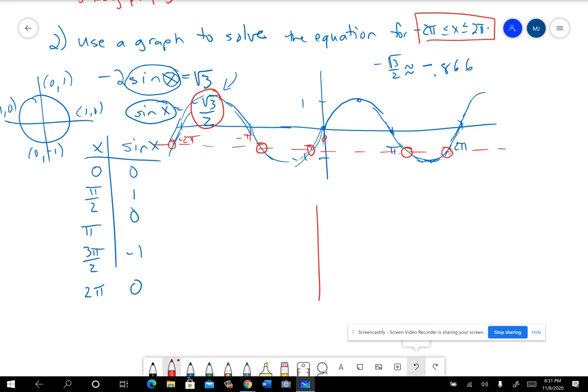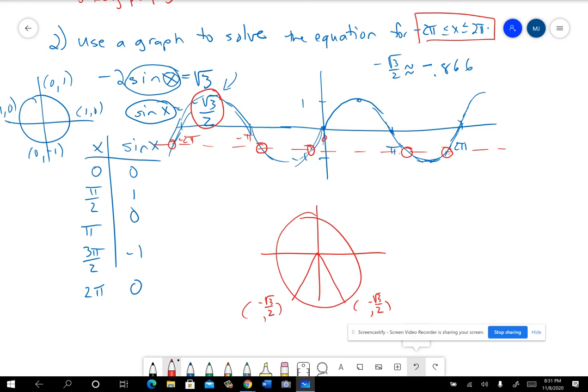And then you can reason it out thinking about that unit circle. So go to your unit circle. And you notice on your unit circle that your sine value is going to be negative square root of 3 over 2 when you're like right here. And also you should have seen one over here. So on the unit circle, look for ordered pairs that have negative square root of 3 over 2 on the y coordinate, because that would be the sine.